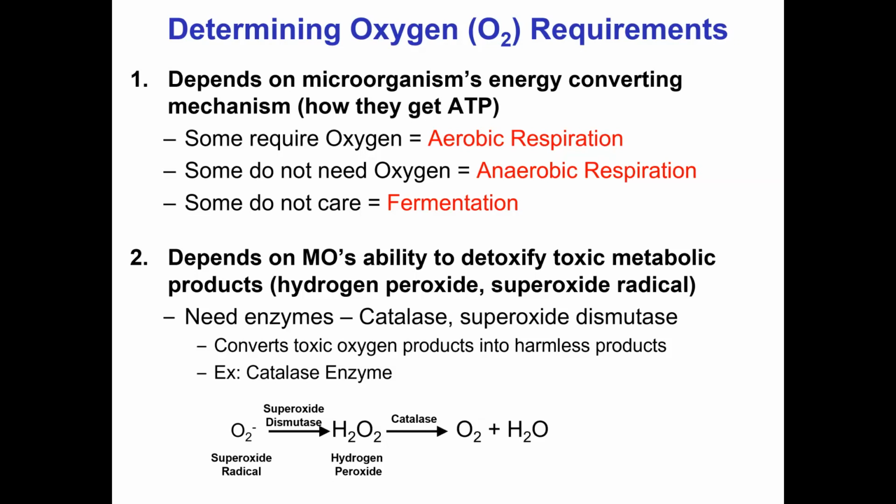So that enzyme, which we produce, takes superoxide radical and converts it into hydrogen peroxide. Now, as I mentioned last time, hydrogen peroxide is still pretty bad. So the next step is catalase. Catalase takes that hydrogen peroxide and converts it into something a little bit more reasonable, oxygen and water. So from horrible to slightly less horrible to, okay, I can live with that.